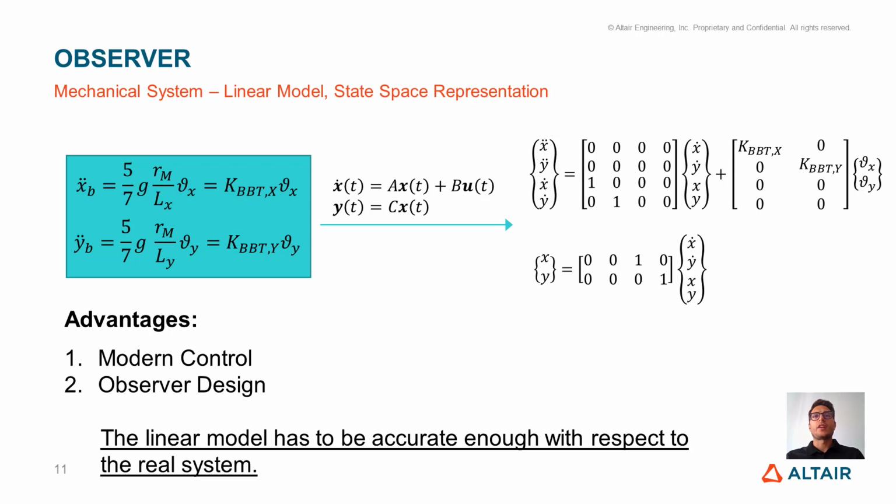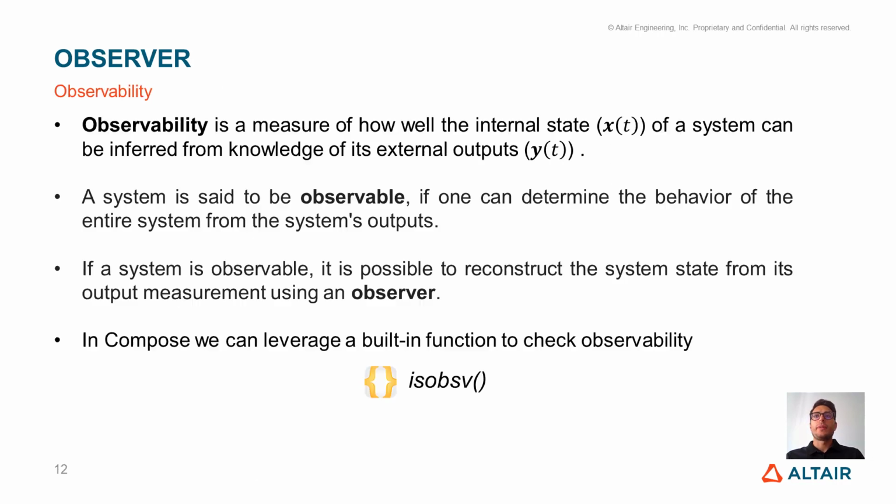Before designing our observer, we need to verify whether we can actually implement it on our system, which means that we need to check the observability of the system. The observability is a measure of how well the internal state of a system can be inferred from the measurement of its external outputs. So, a system is said to be observable if the behavior of the entire system can be determined from the system output.